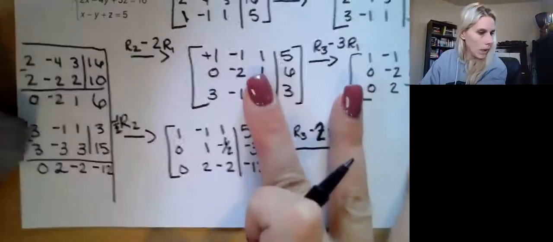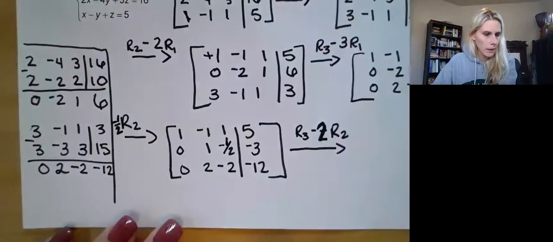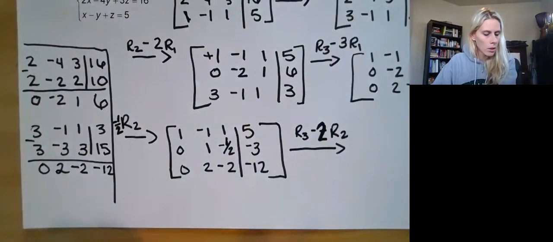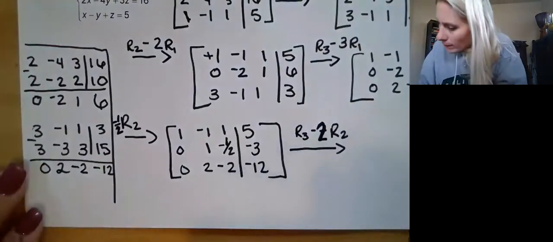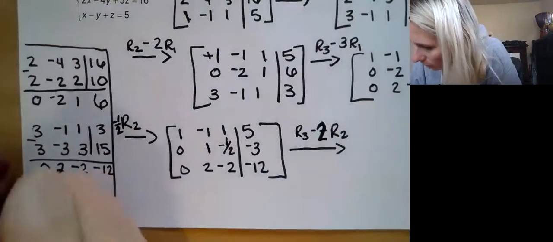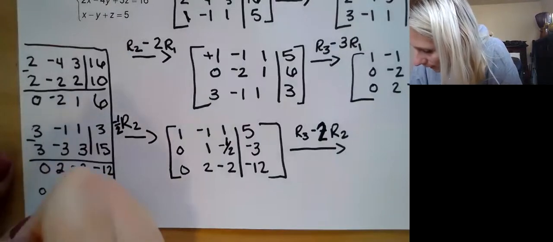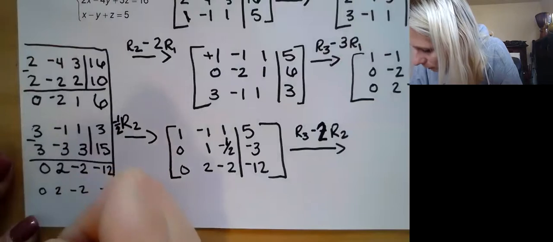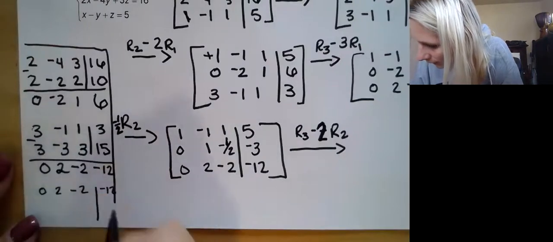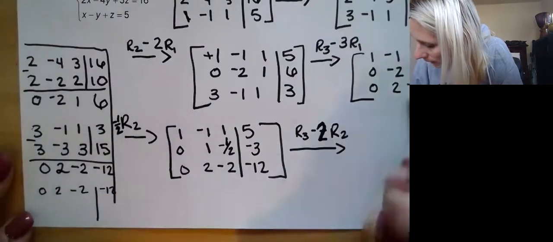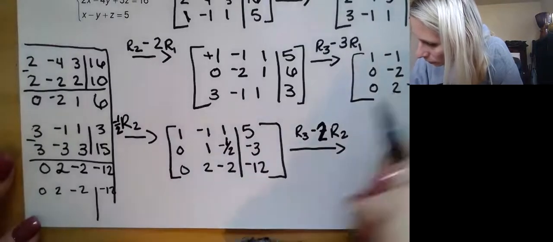All right, looks like I'm running out of workspace, huh? I just want to make sure this comes out right. Okay, ready? So I have my row 3, which is 0, 2, -2, -12. And I have to multiply by 2 here, right?